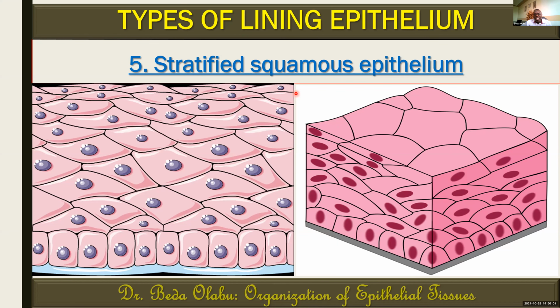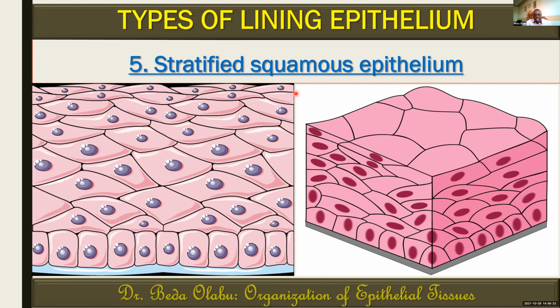We find stratified squamous epithelium in surfaces that are subjected to a lot of friction. For that reason, there are more modifications that we can have on the stratified squamous epithelium.